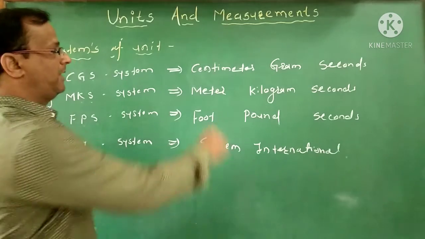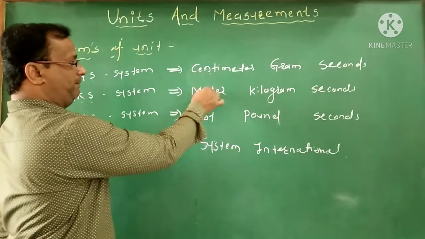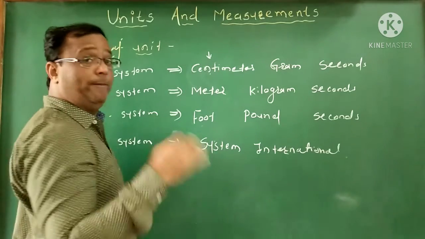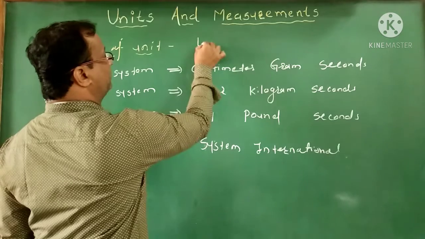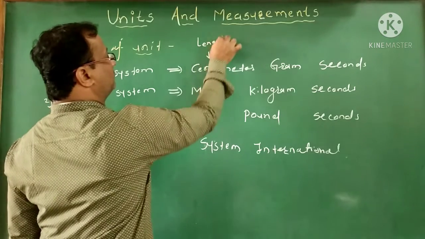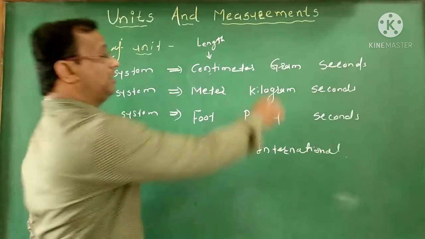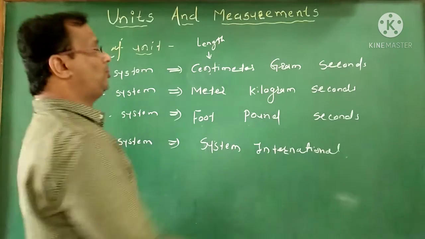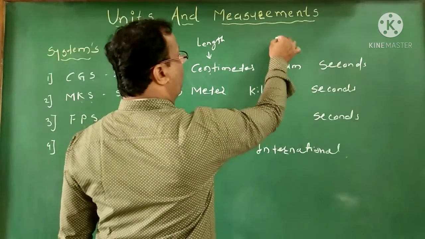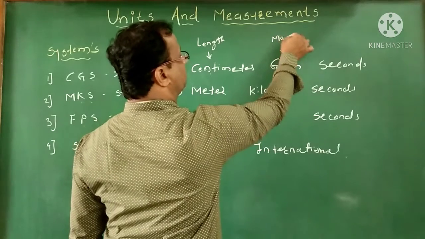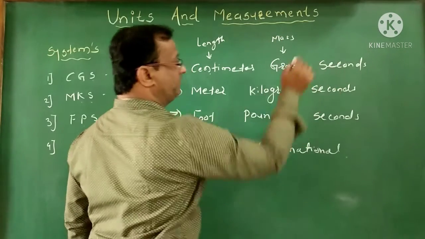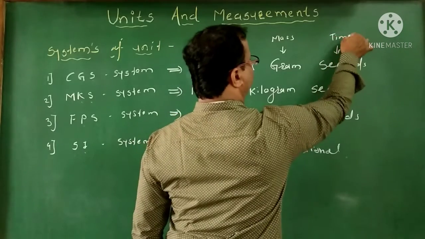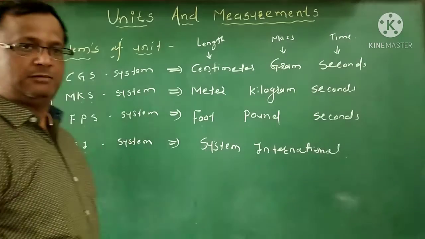See here, centimeter, meter and foot are used to measure length. Right? Similarly, gram, kilogram, pound are used to measure the mass of a substance. Second is used to measure the time. Right?